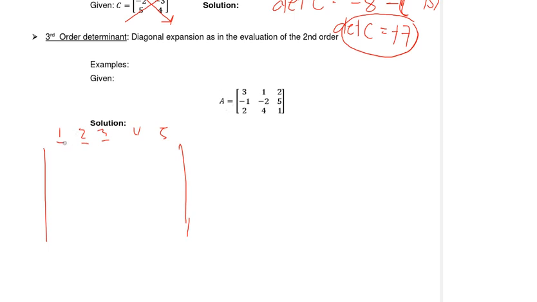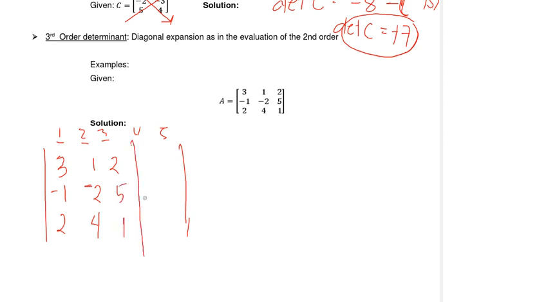So, that is 3, negative 1, 2. 1, negative 2, 4, 2, 5, and 1.